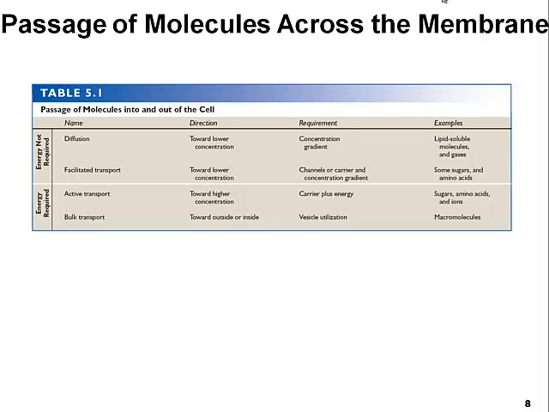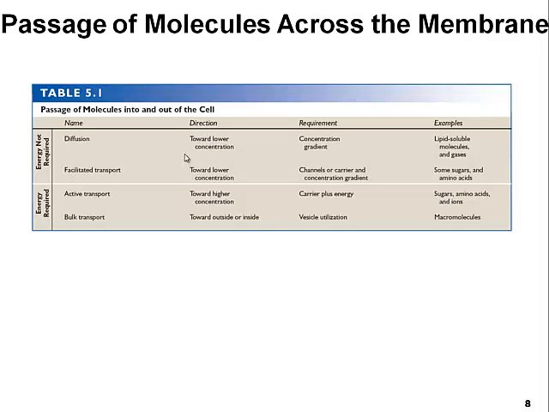That's not surprising. And so things like lipid-soluble molecules, the gases, can diffuse across the cell. Oxygen, for instance, is reaching every living cell in your body at this particular moment as a result of diffusion. Facilitated transport we'll go over in a little more detail in just a moment.